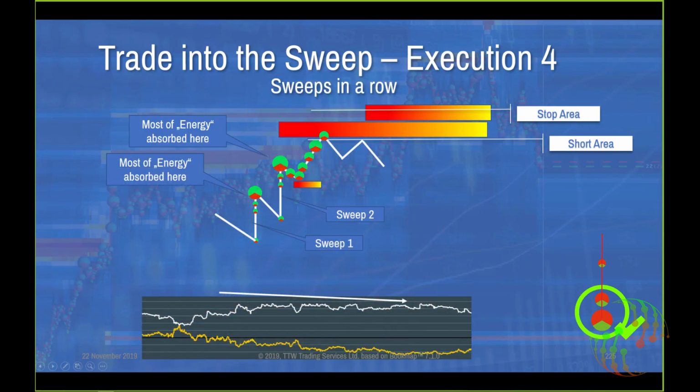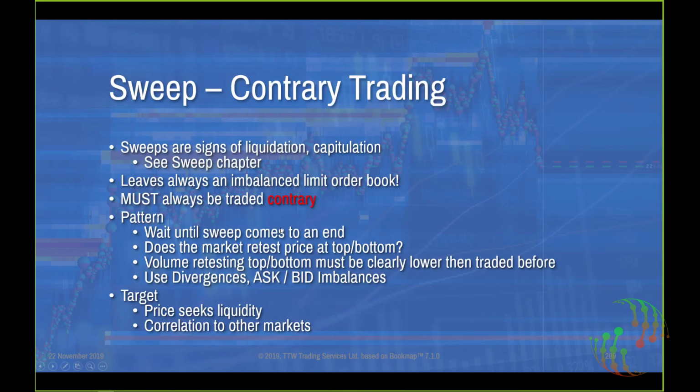Coming back to the executions, let me find the page. Yes, sweep contrary trading. We are always against the sweep. And please keep in mind again, I would like to stress this.